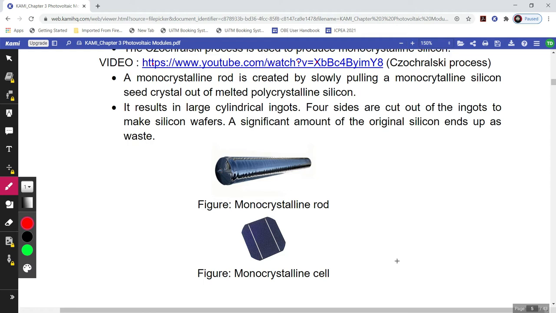So this shape, let me redraw the cylindrical ingot. So they cut this one, so it will become this shape. Let me draw bigger than that one. Oh, no. Okay, so they cut into this shape.